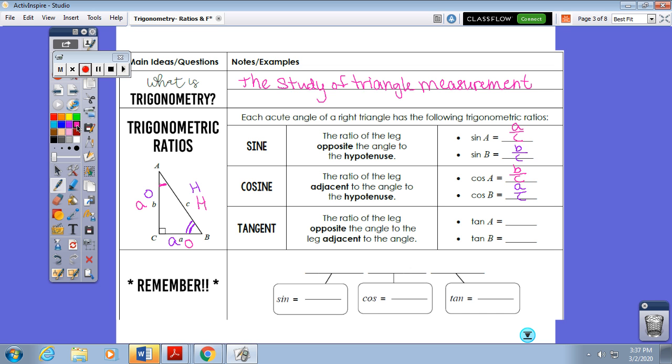So it would be A over B. And if you're standing at angle B, it would be B over A.